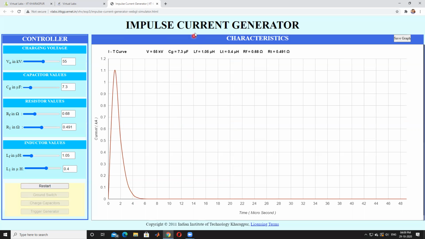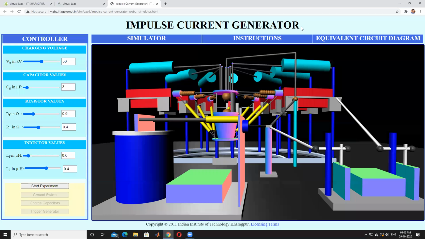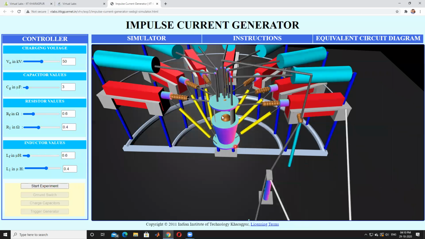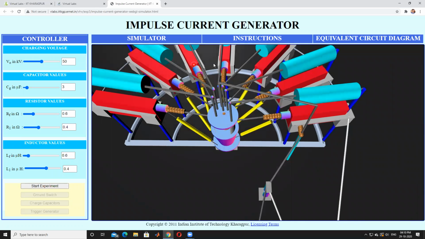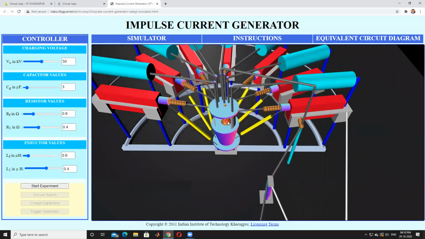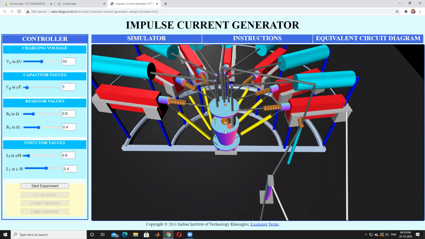So that is how we observe the impulse current generator circuit. Concentrate on this experiment setup circuit. All the capacitors, the red color capacitors, are connected in parallel. All the capacitors discharge through the hollow tubes to the test object.